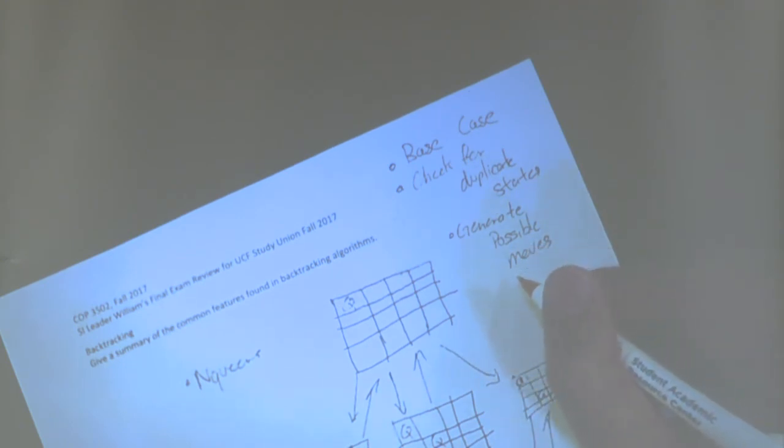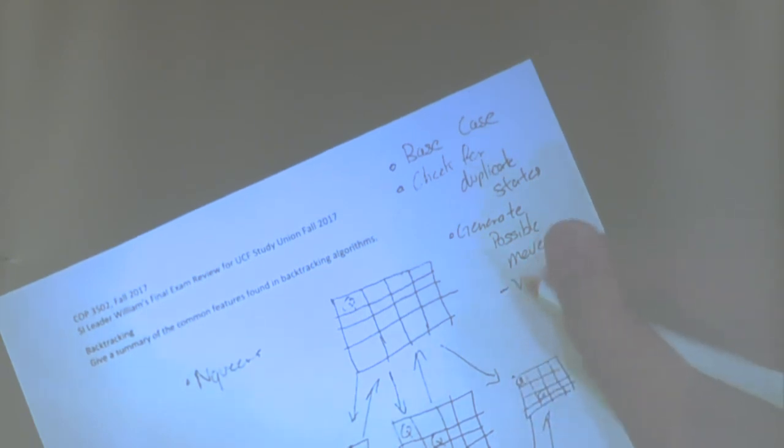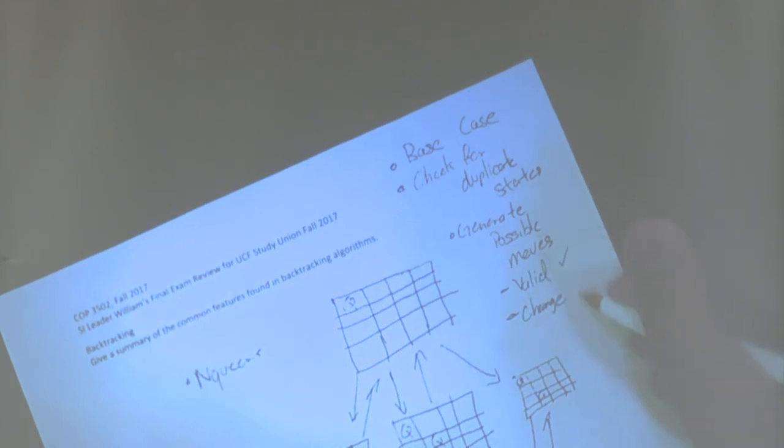When we generate possible new moves, we check whether the move is valid or not. If it's valid, we make the change. Change the state.